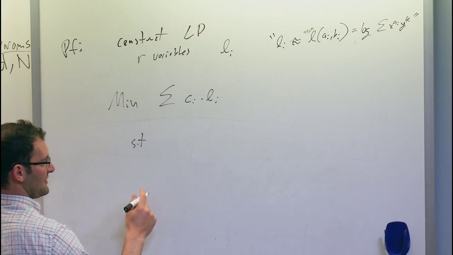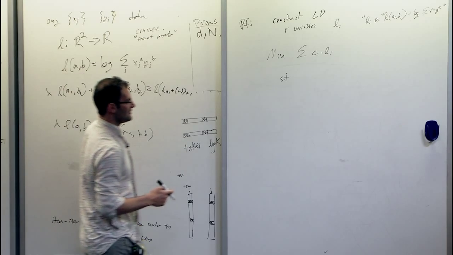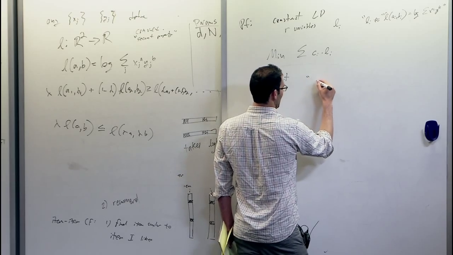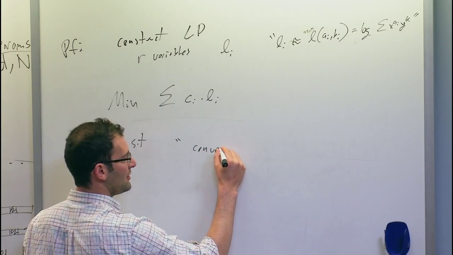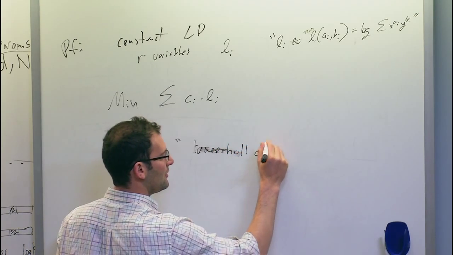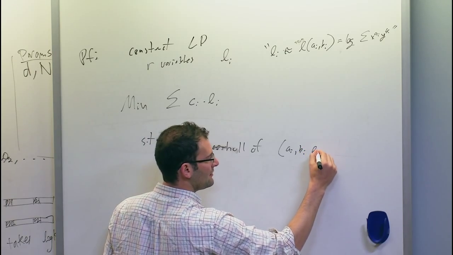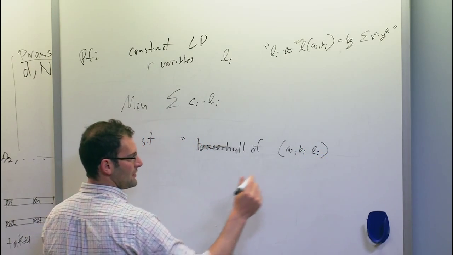what are the constraints going to say? Well, the constraints are going to say, look, Li should actually be consistent with something like this, such that the lower convex hull, the lower hull of the set of points Ai, Bi, Li is convex.